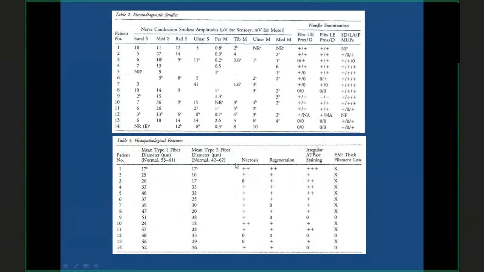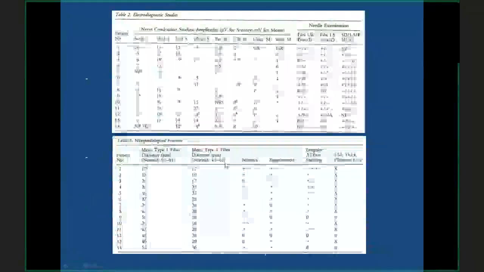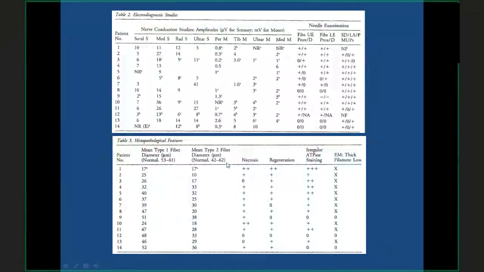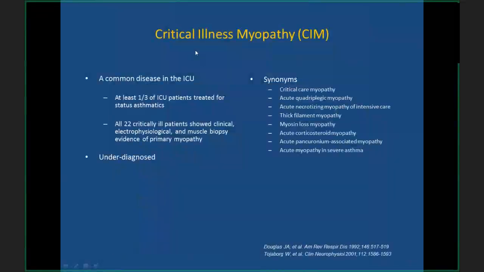You see muscle fiber necrosis, and some regeneration, especially in type 2 fibers. They did an EM, which shows some filament loss. So they thought this is not neuropathic but myopathic, and they called it critical illness myopathy, or CIM.